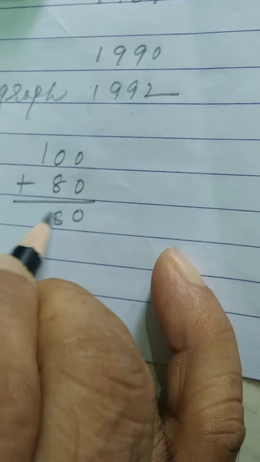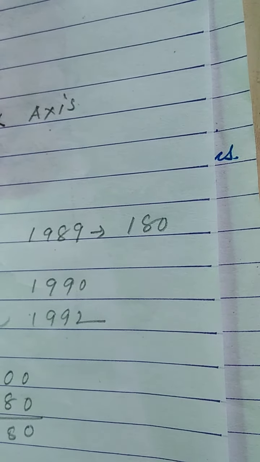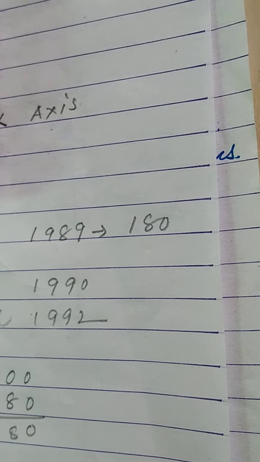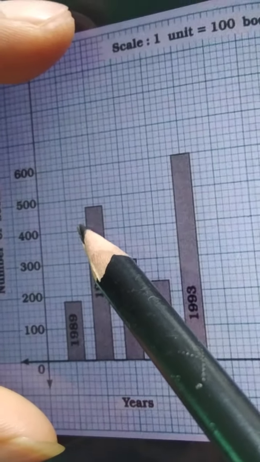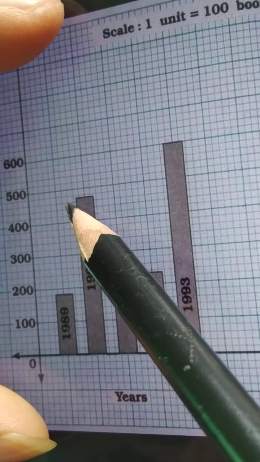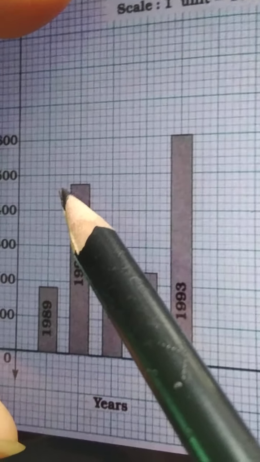So in 1989, how many books were sold? 180. Got it?